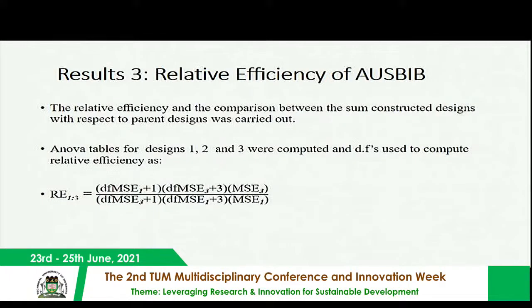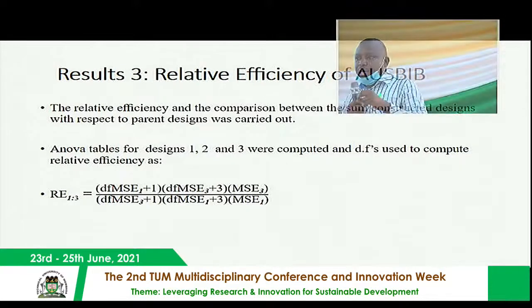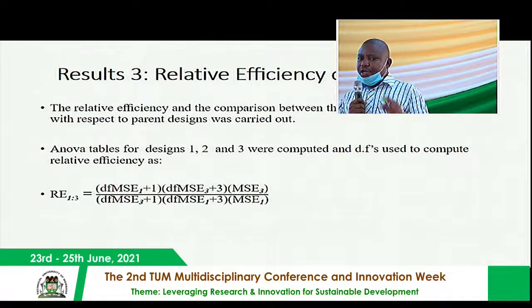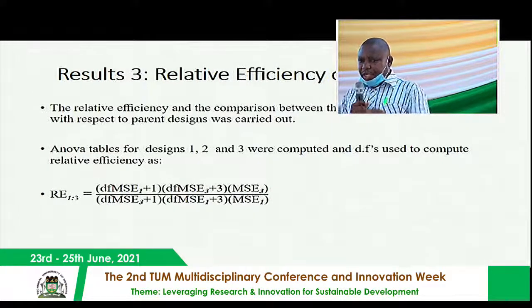Next. And then the relative efficiency, as I said, is also a green area in statistics. In the past, the efficiency has been compared only for randomized complete block designs, even in literature. But for BIBD, I think this is the first case we are having here.